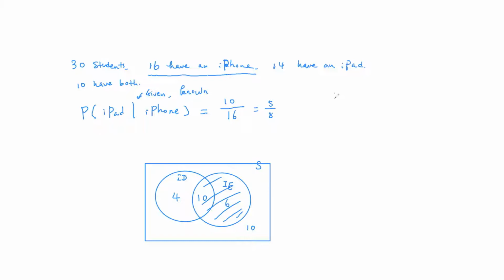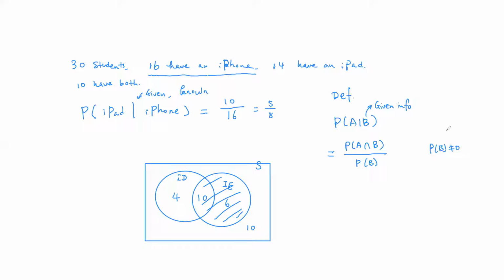Now, what is the definition? The definition of a conditional probability is very similar. A given B, again, B is the given information. We're looking for the probability of A when knowing B. It is defined to be the probability of A intersect with B divided by the probability of B, provided that the probability of B is not equal to 0.